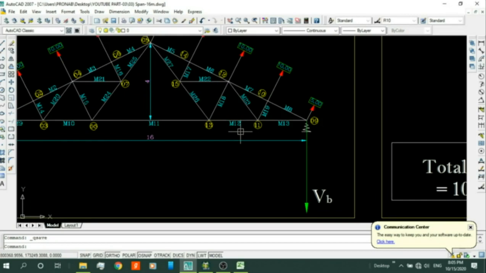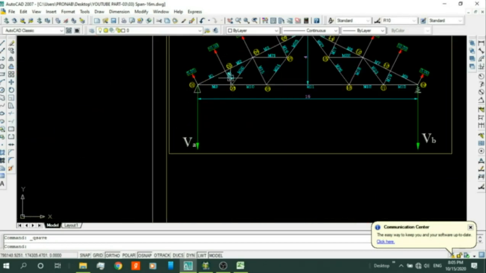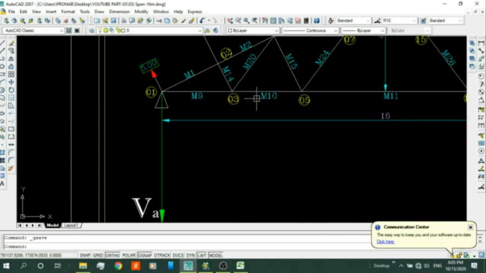The force in the members M12 and M23 will be similar to M14 and M10.